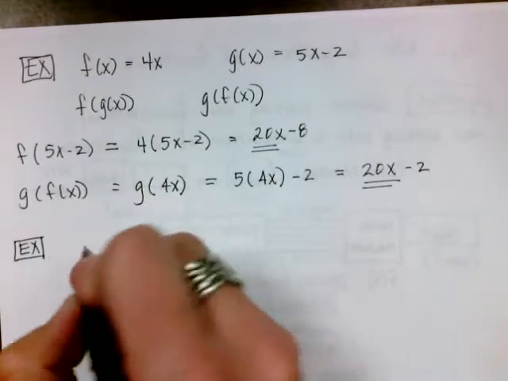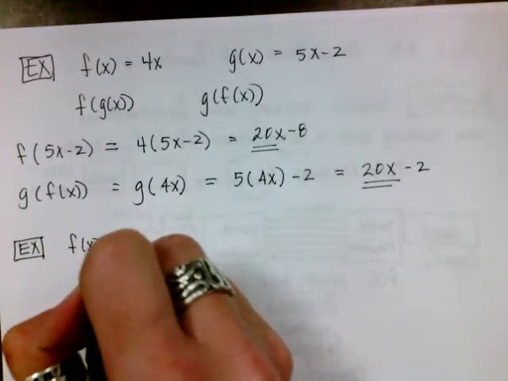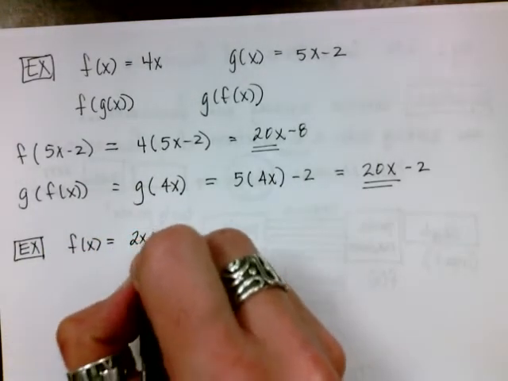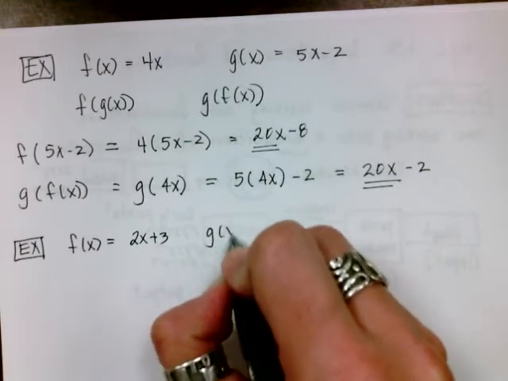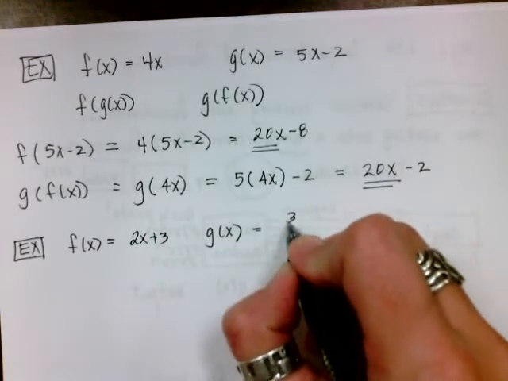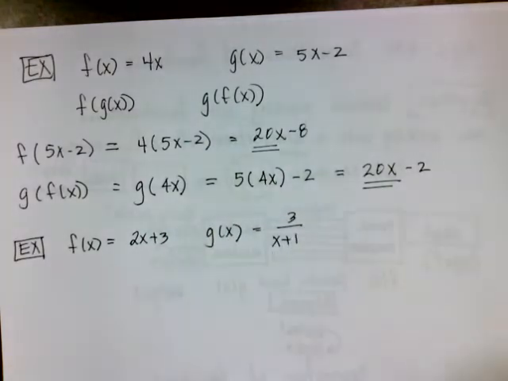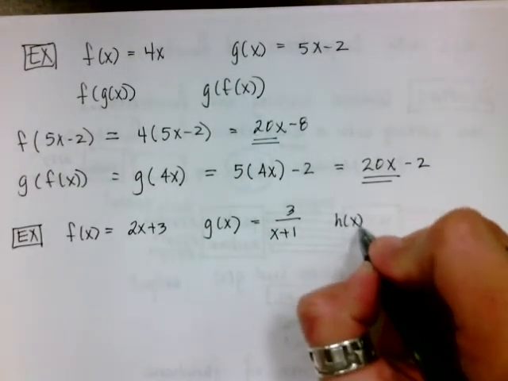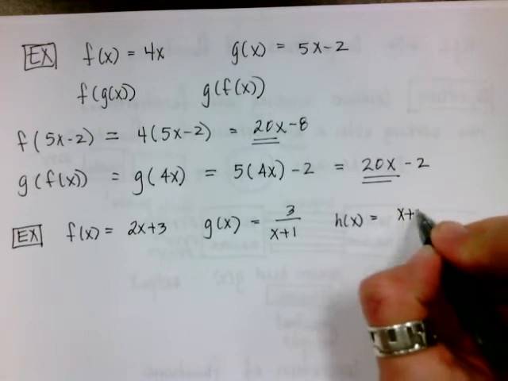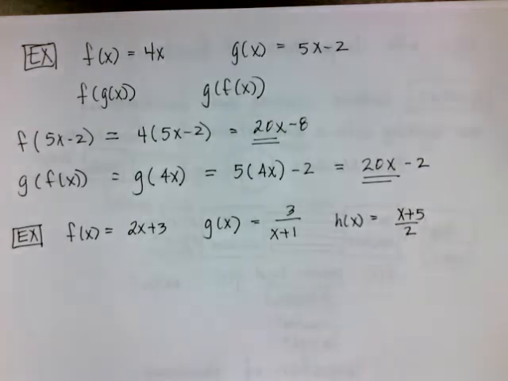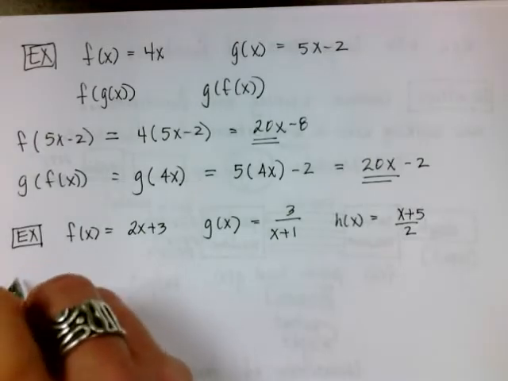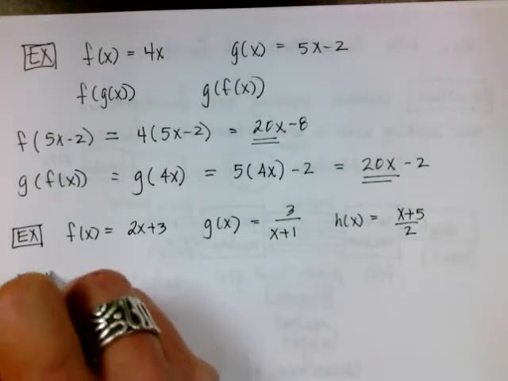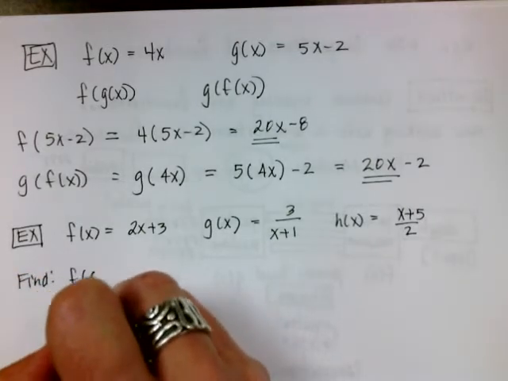All right, my f of x is going to equal 2x plus 3. My g of x is going to equal 3 over (x plus 1). And then my h of x is going to equal (x plus 5) over 2. So I'm going to do a variety of compositions. Okay? I want to find, and I'll just write them up here, f of g of x.